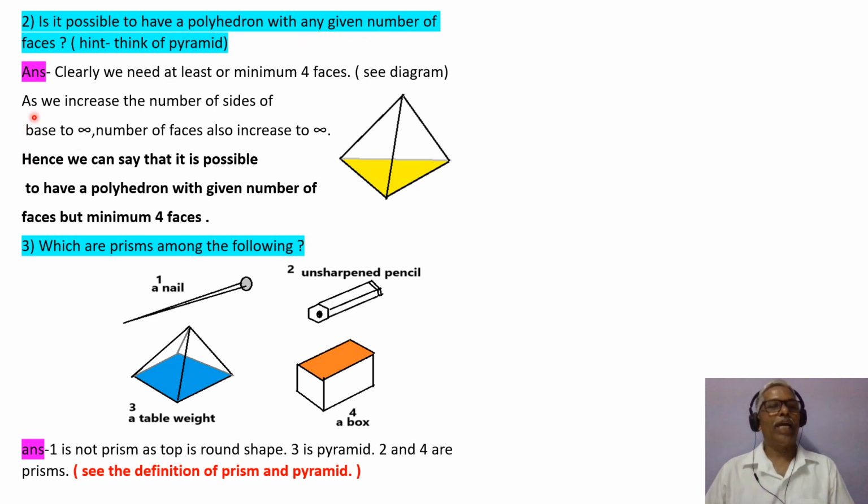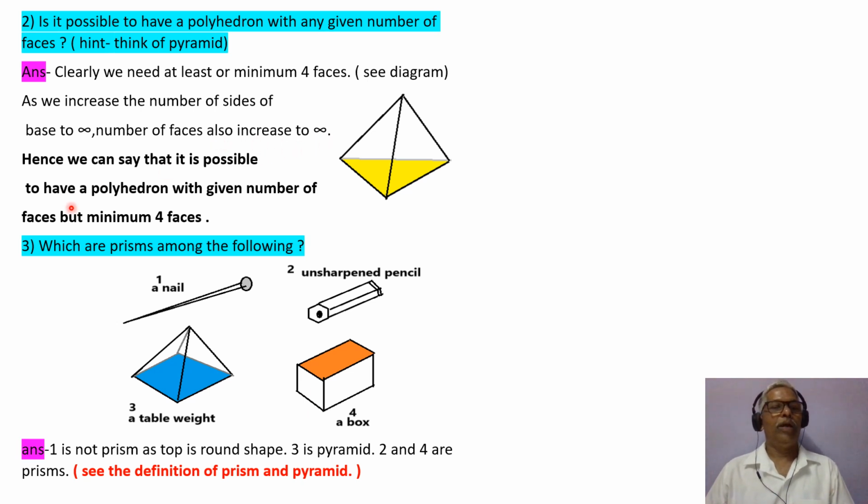Okay, as we increase the number of sides of base to infinity, there are only three sides. We can have 4, then a face will increase, then 5, another face will increase, 6, another face will increase. Okay, so this comment says the same thing. As we increase the number of sides of base to infinity, number of faces also increase to infinity.